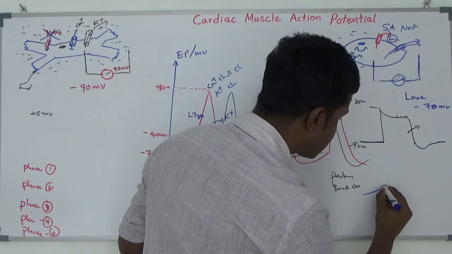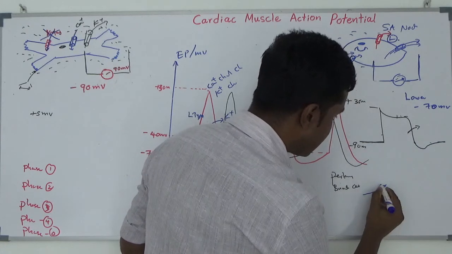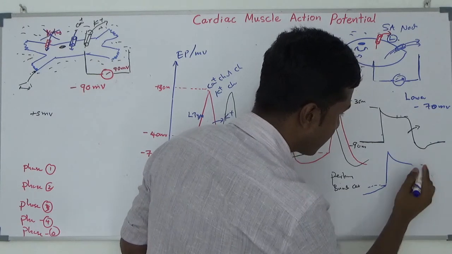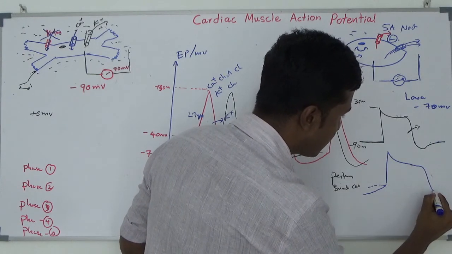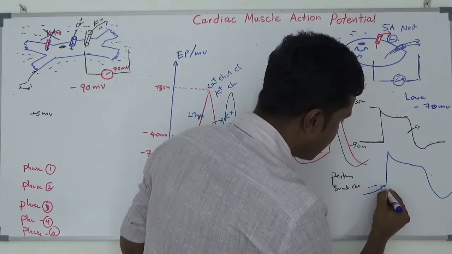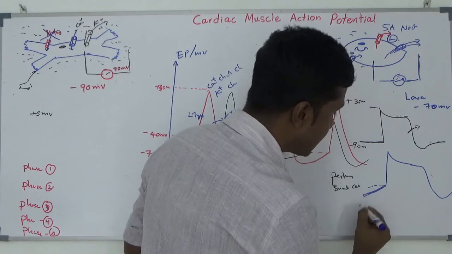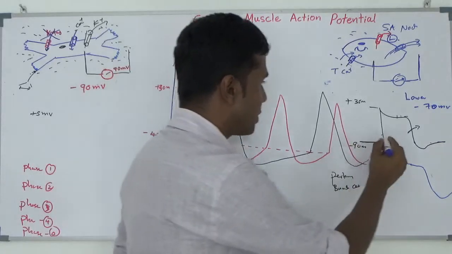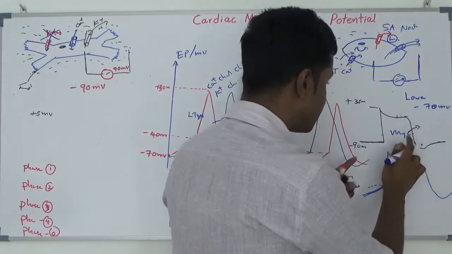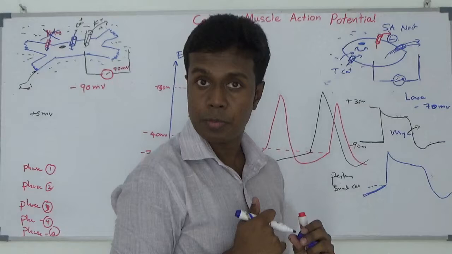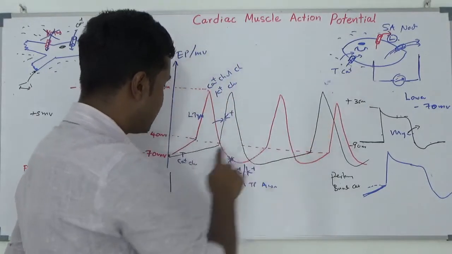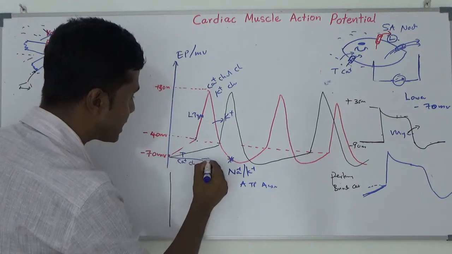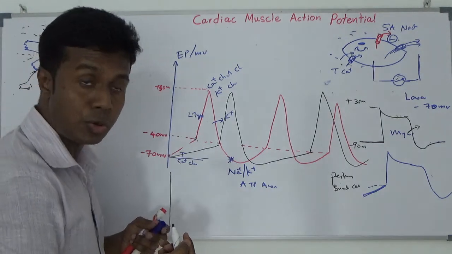Once it comes to minus 70, those cells also are capable of spontaneous firing. The electrical potential of the cell is not stable. The only stable cells in the heart are myocardial muscle cells, which have a stable resting membrane potential of minus 70 millivolts that is not going to change.